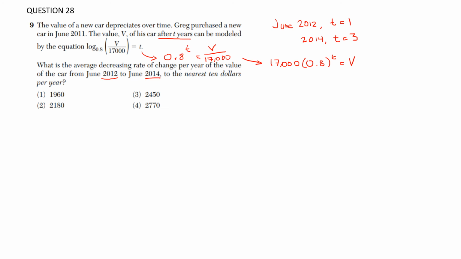So let's plug in 2014's value here, right? Then we can try to find that slope between those two, between the 2 years. So let's plug in 3. 17,000 times 0.8 to the third equals, let me put that in my calculator.